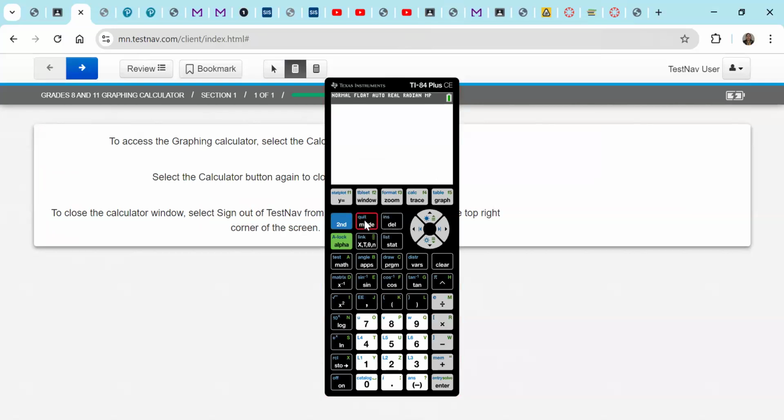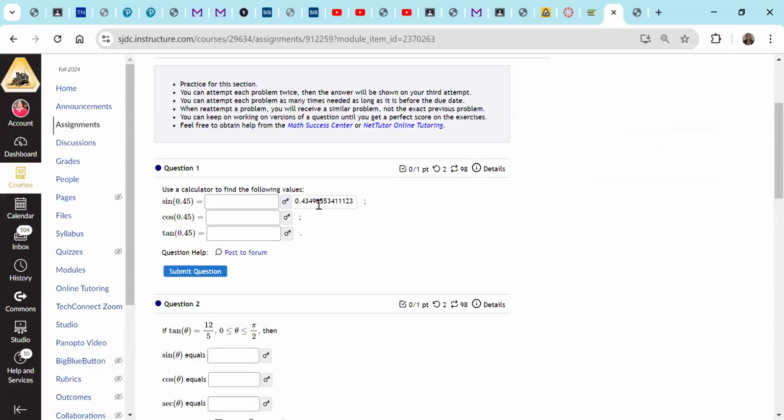You can use the regular or the TI-84. I think Desmos also has all the functions available to you. So we're supposed to calculate sine of 0.45. You simply type sine of 0.45 and you will get a value. The value that I'm getting is 0.43496. Same way you will calculate cosine and the tangent value using the calculator. Let me know if any question so far.